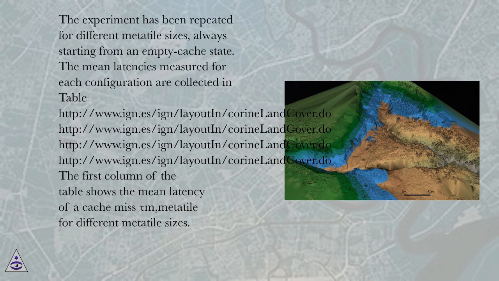The experiment has been repeated for different metatile sizes, always starting from an empty cache state. The mean latencies measured for each configuration are collected in the table. The first column of the table shows the mean latency of a cache miss, the metatile, for different metatile sizes.